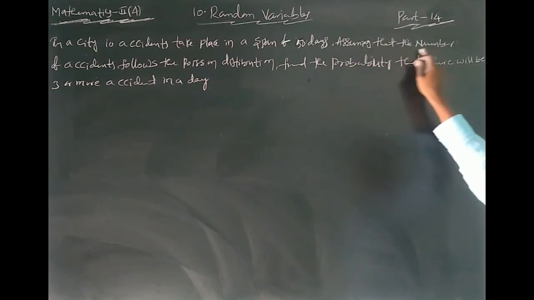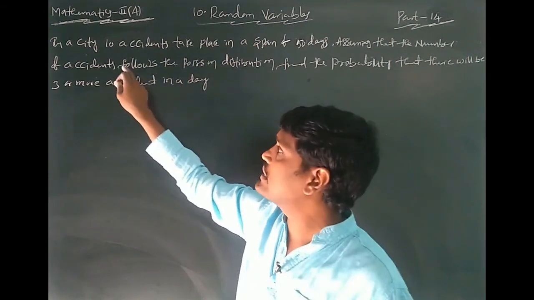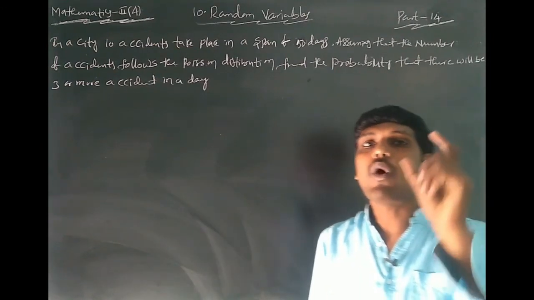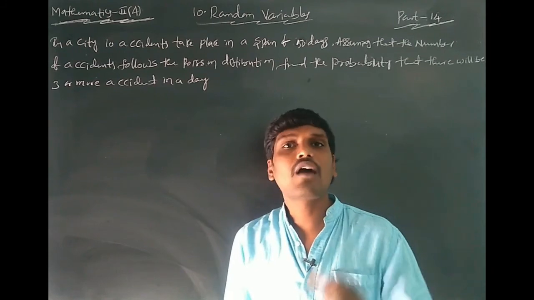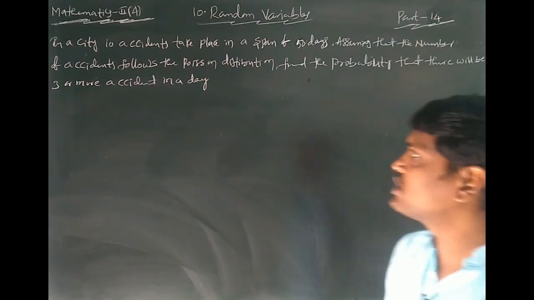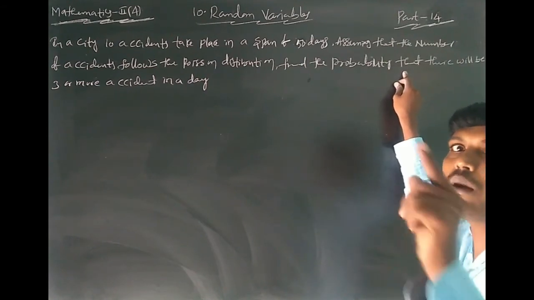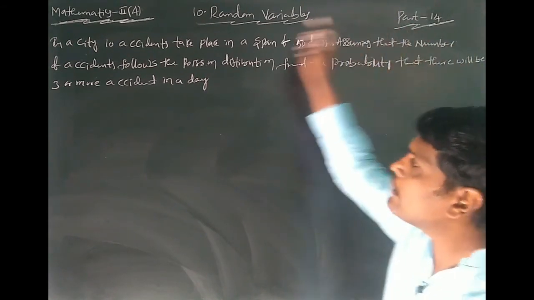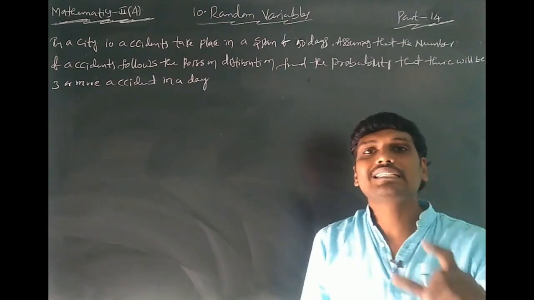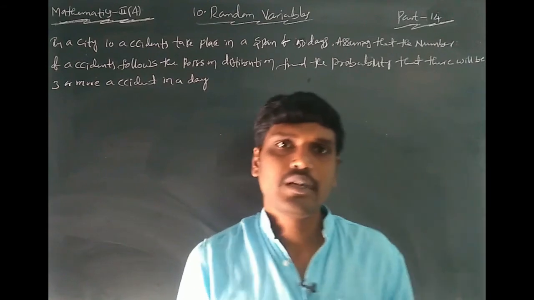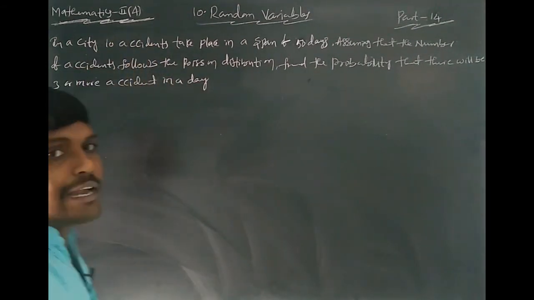Assuming that the number of accidents follows the Poisson distribution, find the probability that there will be 3 or more accidents in a day. First of all, in this Poisson distribution, first you can find the parameter.